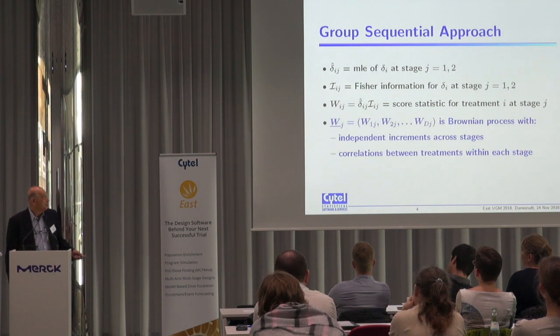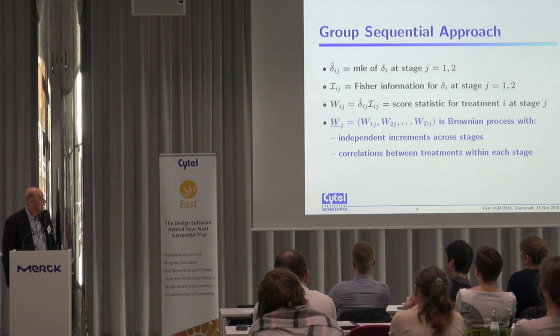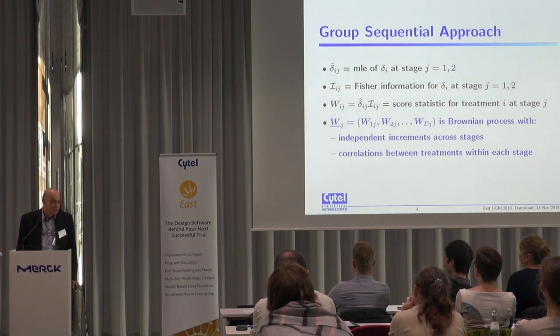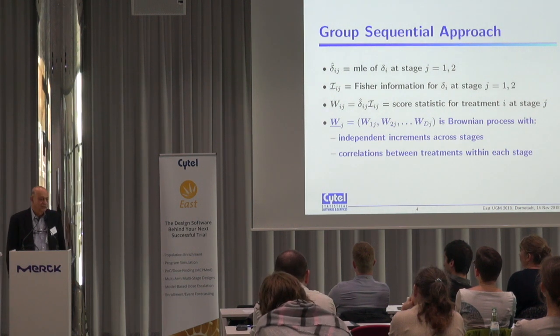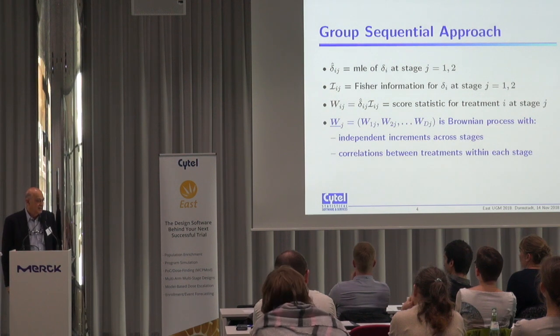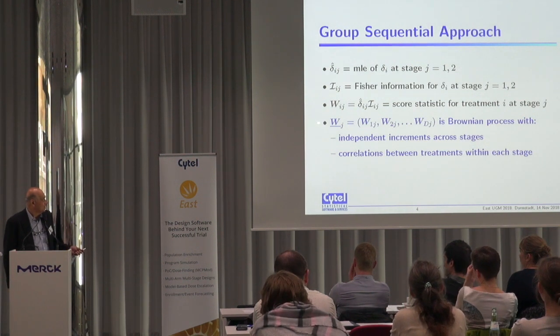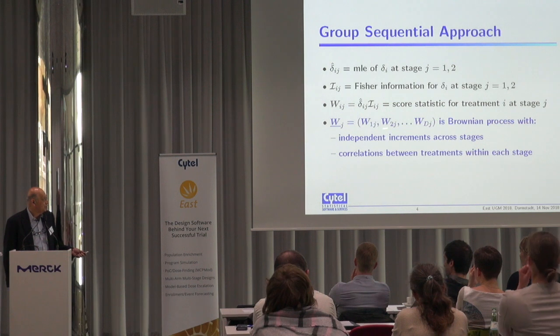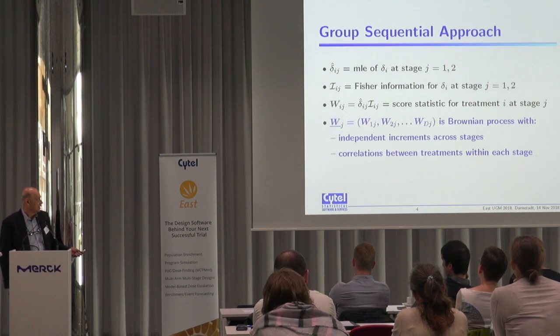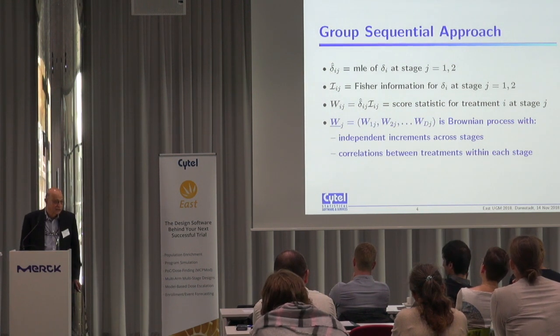So you estimate these deltas, and then you estimate their variance, or the Fisher information, and then you calculate the score. So you have W_ij is the score for treatment I at stage J, and then for convenience, I'm writing it as a vector of D scores with an underline below it. And this W_j is a Brownian motion.